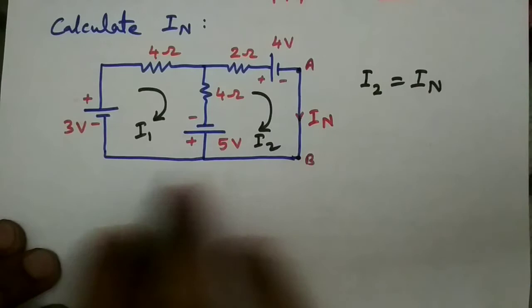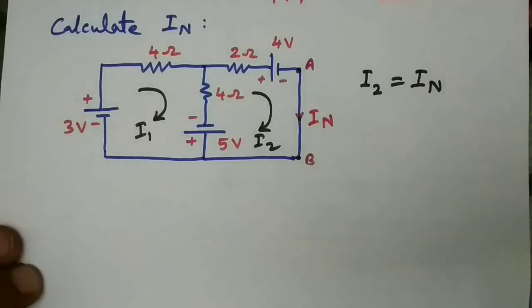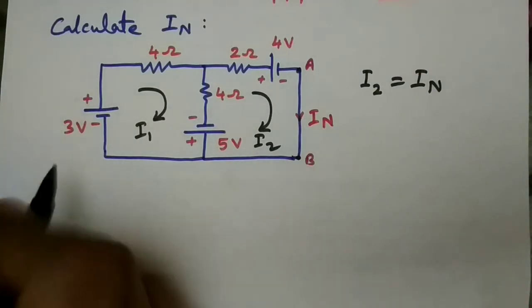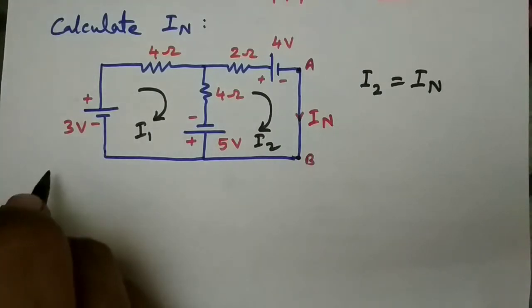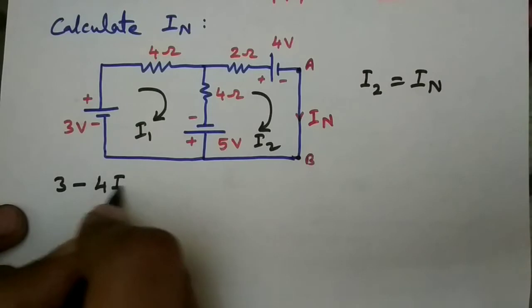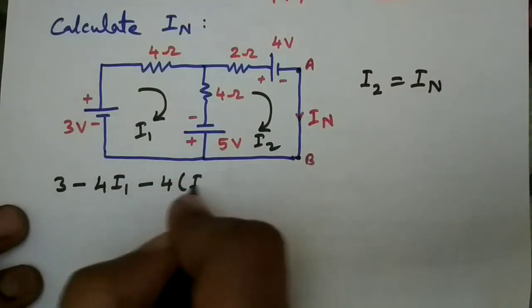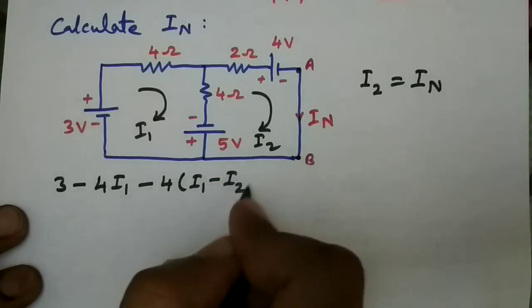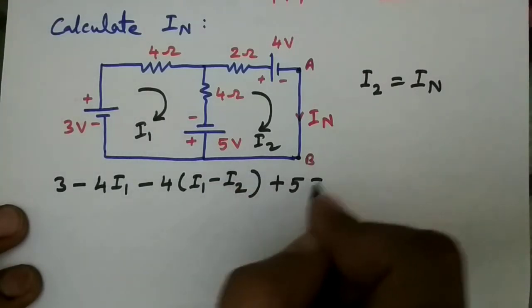So our aim is to find the value of I2 from this circuit. Now apply the KVL in the first mesh, as we already know the concept of the KVL. So you can write 3 minus 4I1 minus 4(I1 minus I2) plus 5 equal to 0.